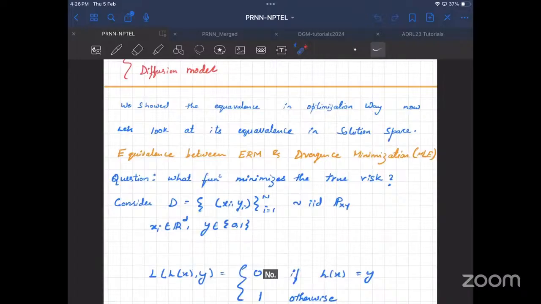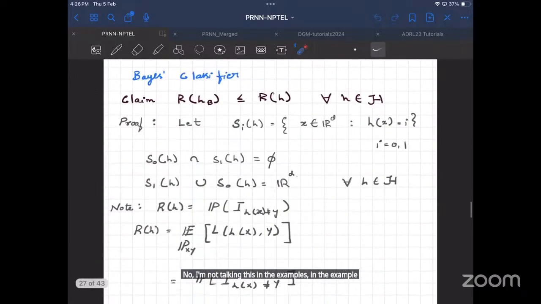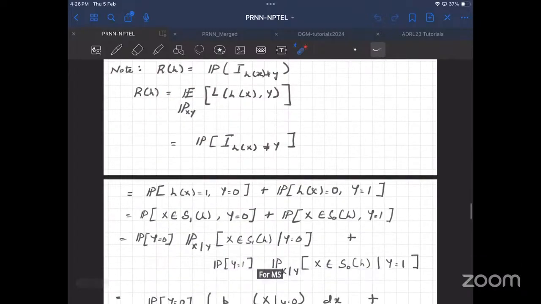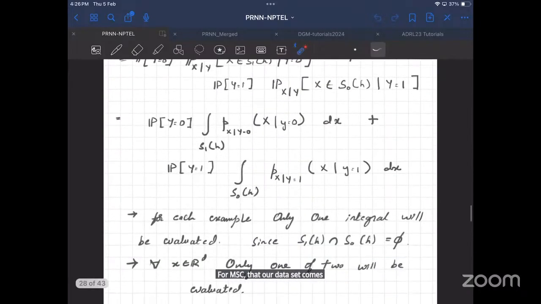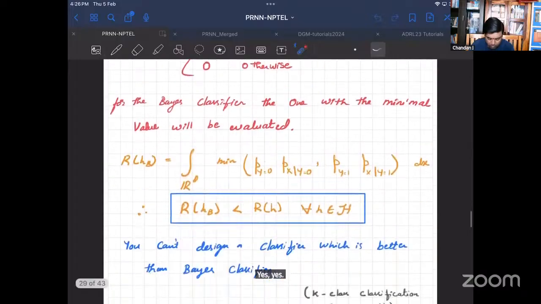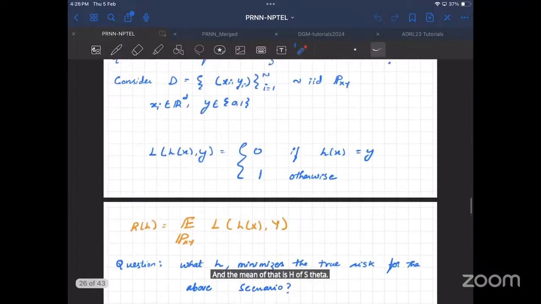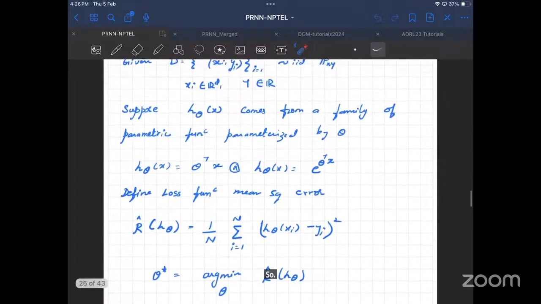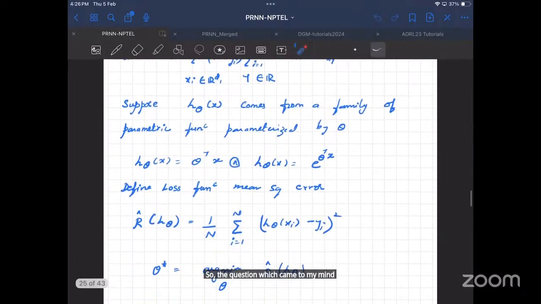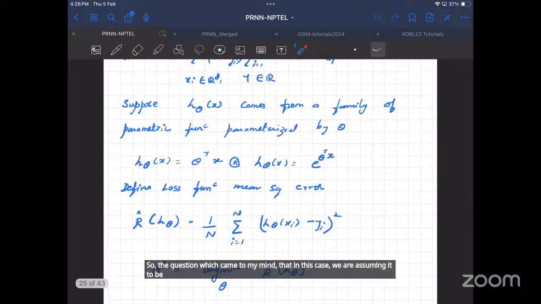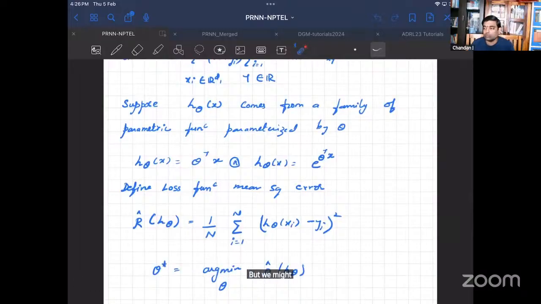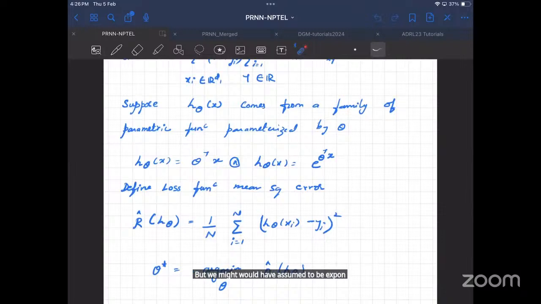In the example where we talk about MSE, that our data set comes from a Gaussian distribution and the mean of that is h of x, theta. The question which came to my mind is that in this case we are assuming it to be a Gaussian, but we could have assumed it to be exponential or Poisson or any other. Yes, you can.